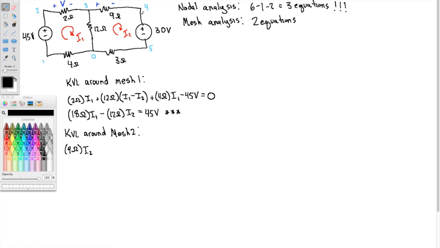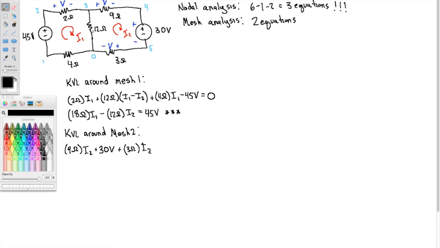That puts me at node 4. The voltage drop across this component, well, that's 30 volts. So I will add 30 volts to that. That puts me at node 5, and the drop from here to here. Okay, I2 goes with the drop, so that's 3 ohms times I2.